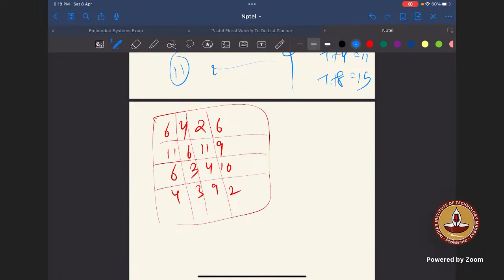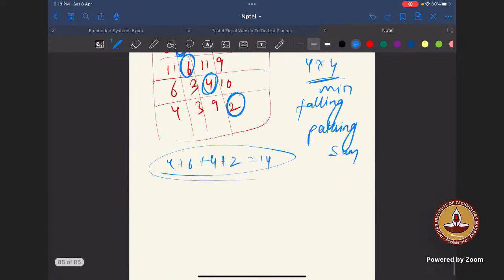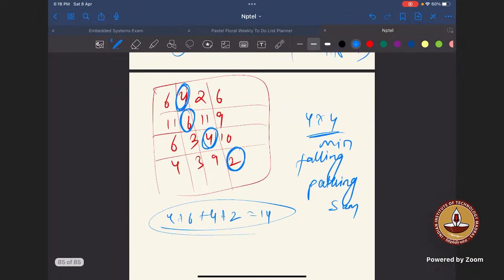So in this particular 4 cross 4 array, what could be the minimum falling path sum? So I can look at a path which starts from 4, goes to 6, then to 4, and then to 2. The sum would be 4 plus 6 plus 4 plus 2, which is equal to 14. And out of all the possible cases, this is the minimum. And you can try to explore all the possible paths, and you will find that 14 is the minimum answer.